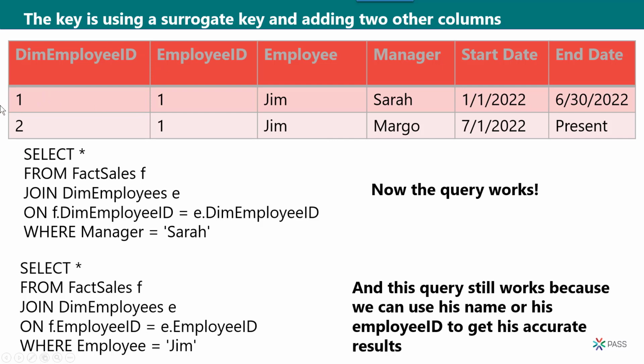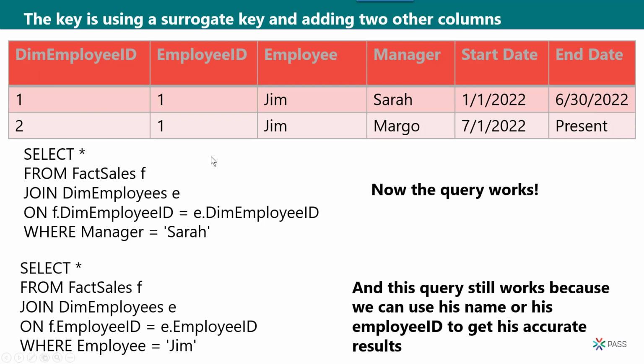So you can use the surrogate still, but then the where clause would use either this field or this field. The point is that you also get all of Jim's sales with one single very easy query. And that's the real strength of this. No need to bring start date and end date into your query. You use the keys and they'll pull the right records and you'll get the right totals.